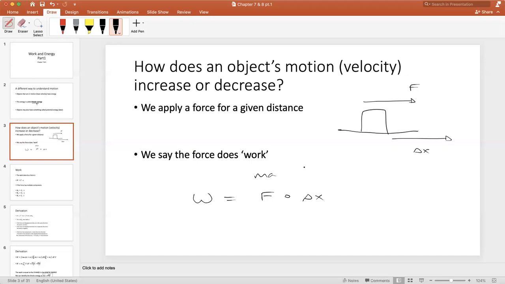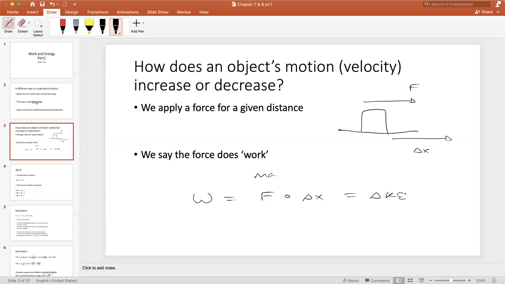And if the volume is allowed to increase, the gas does positive work on the outside environment, or negative work, right? That type of work is essentially the same idea, but that's not what we're talking about. All we're talking about is that work leads to a change in the kinetic energy, and that work is a force that is applied for some distance, okay? That's it. That's all we're talking about.